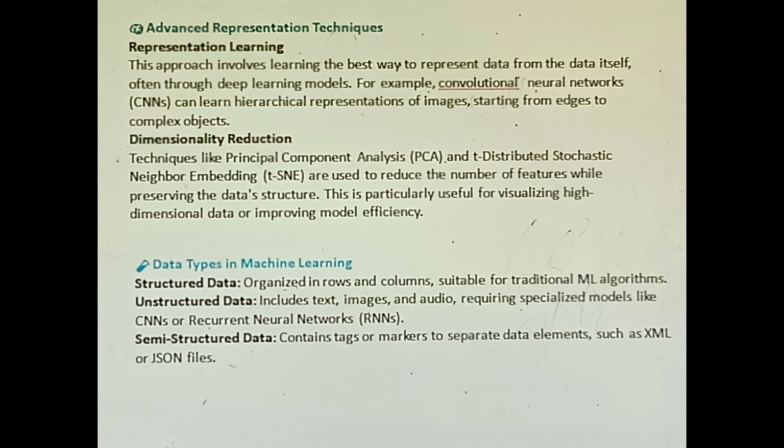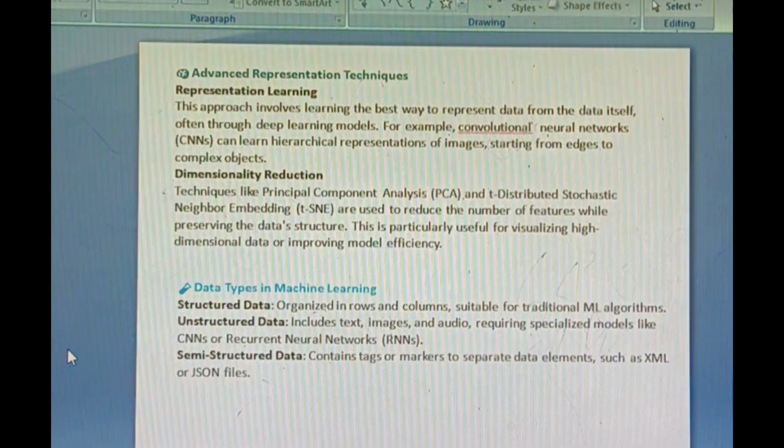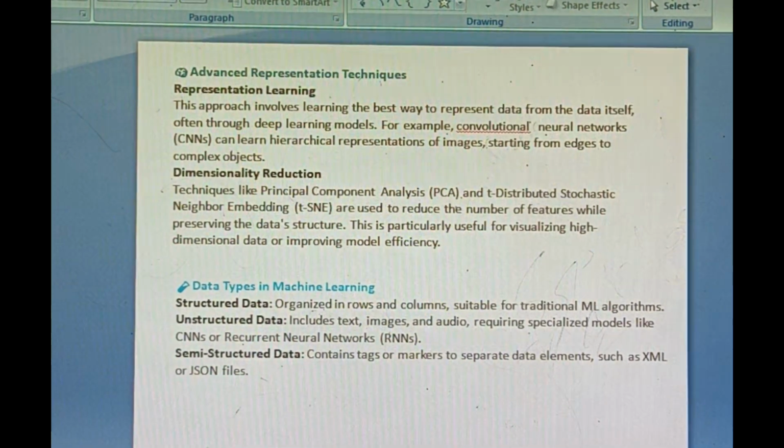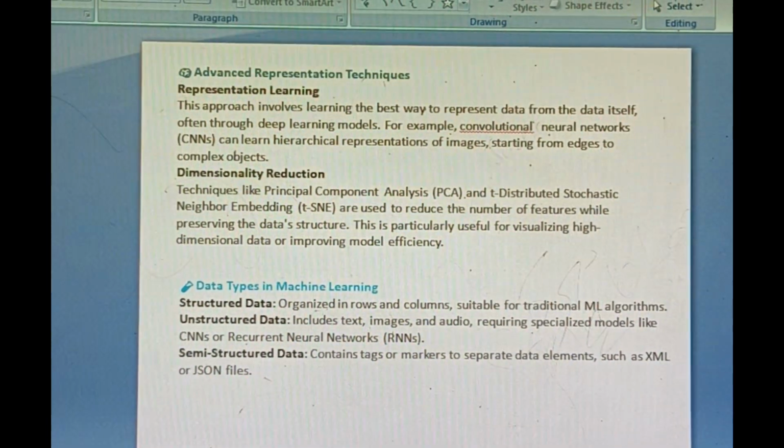We have three types of data in machine learning. First one is structured data, second one is unstructured data, third one is semi-structured data. Structured data means organized data, like organized in rows and columns, suitable for traditional ML algorithms. Second one is unstructured data, includes text, images, and audio, requiring specialized models like CNNs or recurrent neural networks.